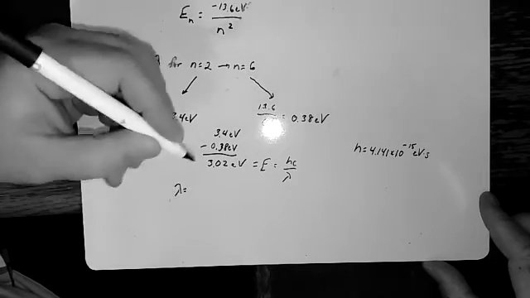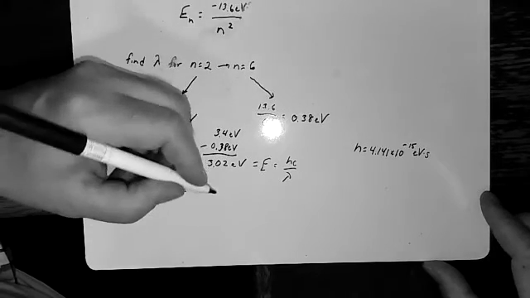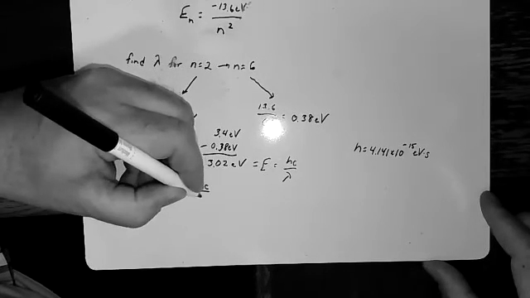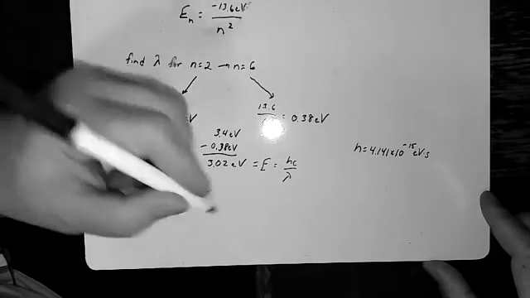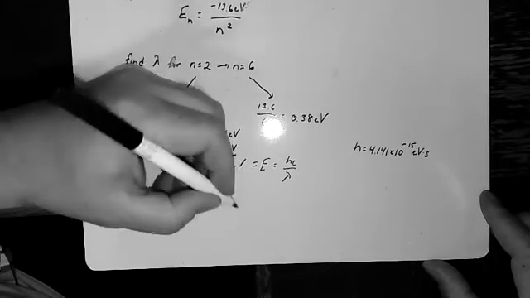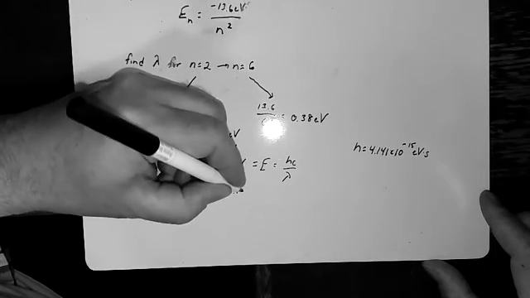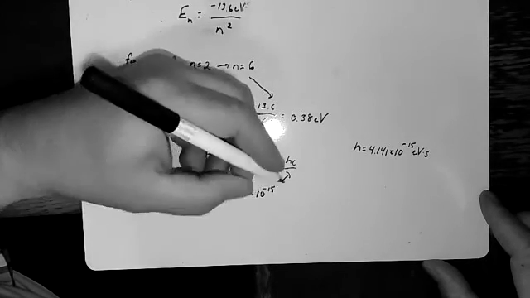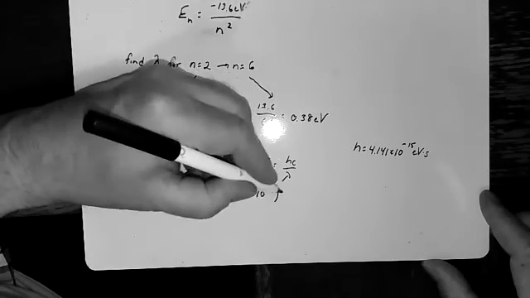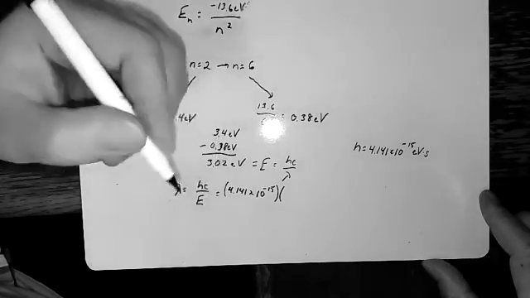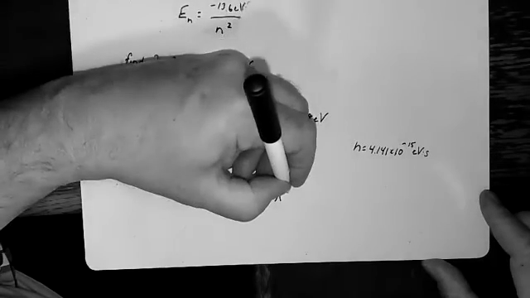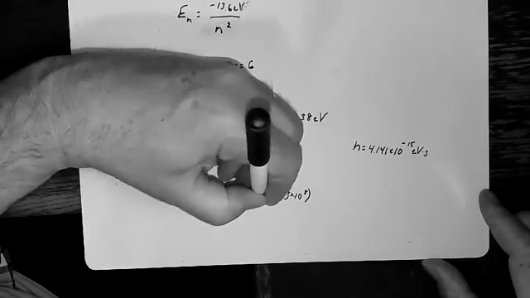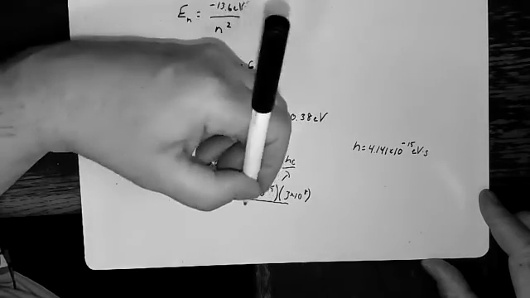Wavelength is equal to hc over the energy level. Planck's constant, 4.141 times 10 to the minus 15, and then the speed of light, it's everywhere, 3 times 10 to the 8, really big number. And then the energy level, which is 3.02.